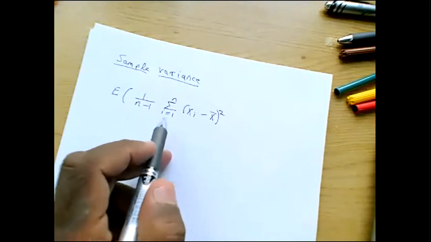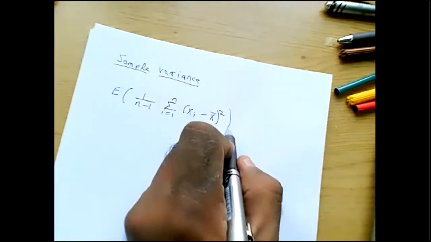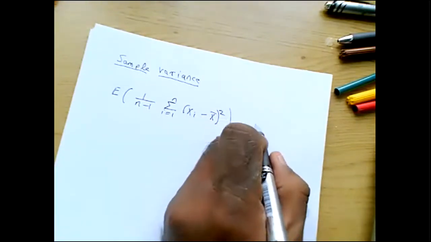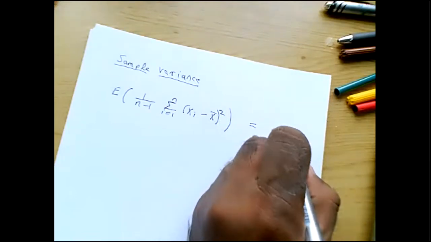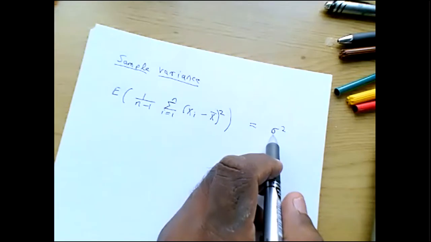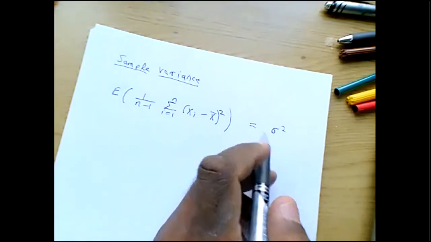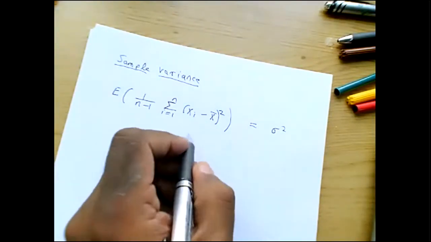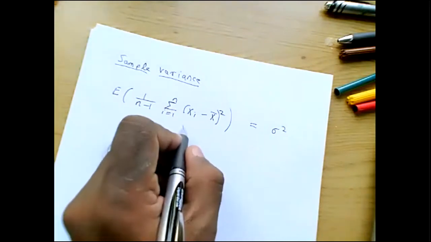you should take the expected value of this, right? This will be equal to sigma squared, where sigma squared is the population variance.